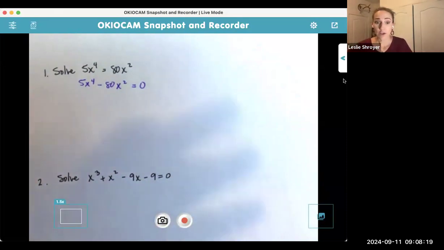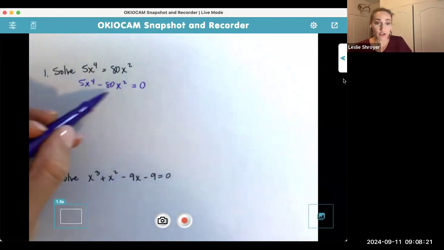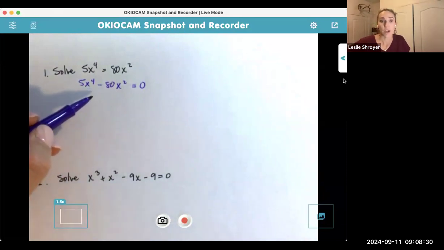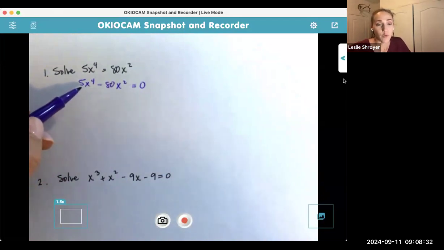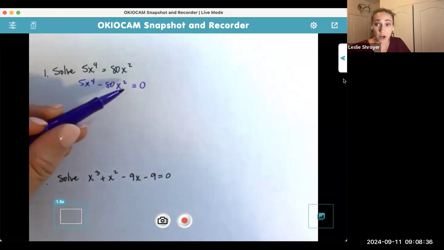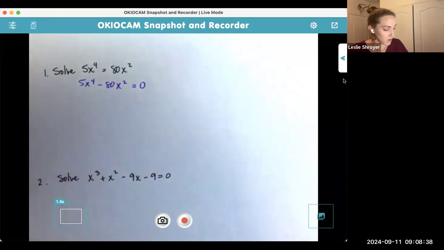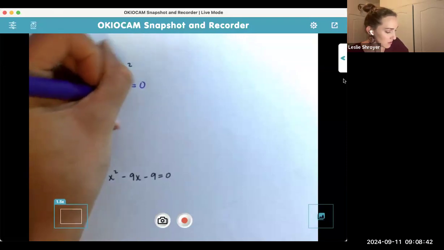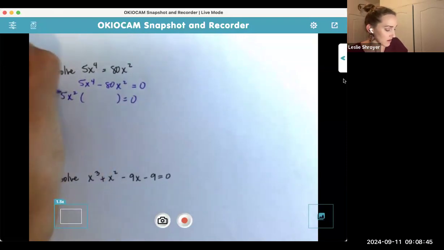Next, we want to keep solving. In this case, since we only have 2 terms, it's kind of nice. We just want to factor out everything we possibly can from both terms, our greatest common factor, essentially. So what do 5x to the fourth and 80x squared have in common? X squared. Perfect. Anything else? A 5, correct? Yes. Awesome.